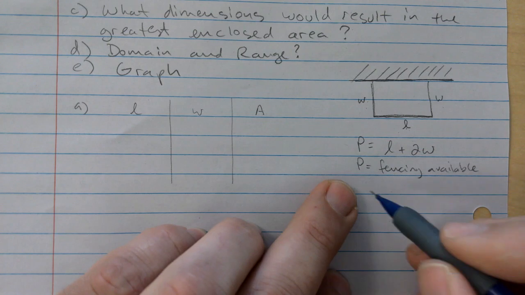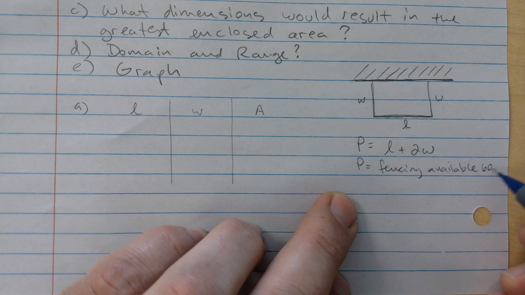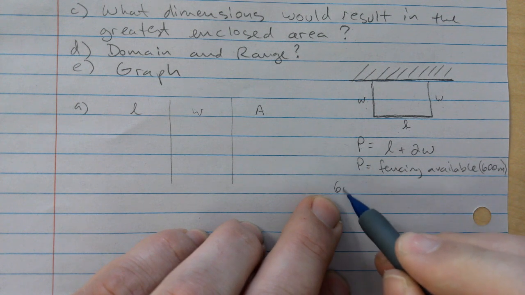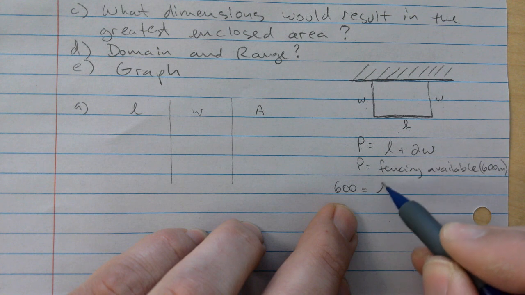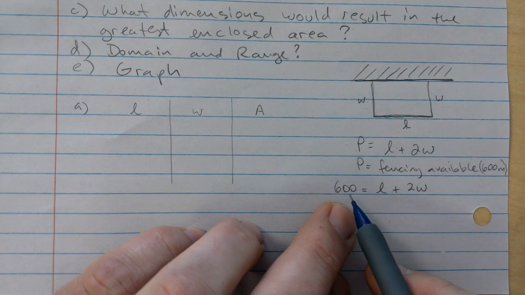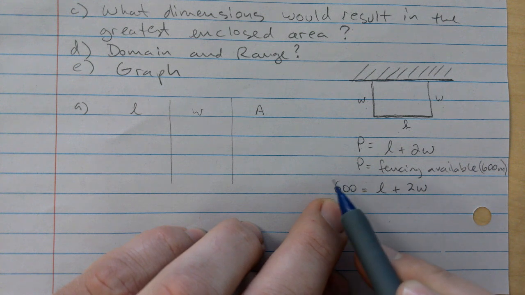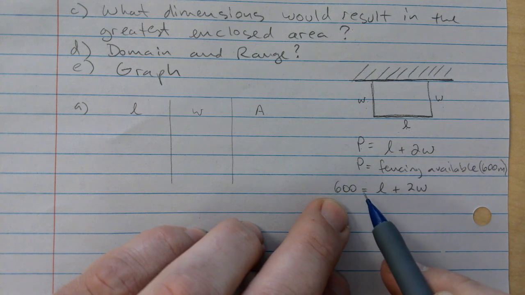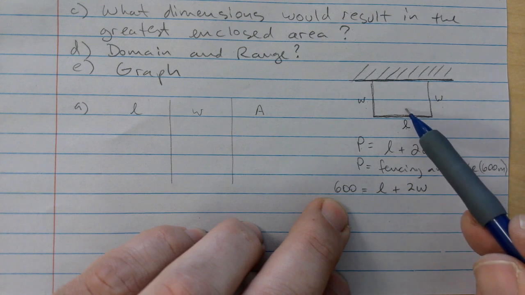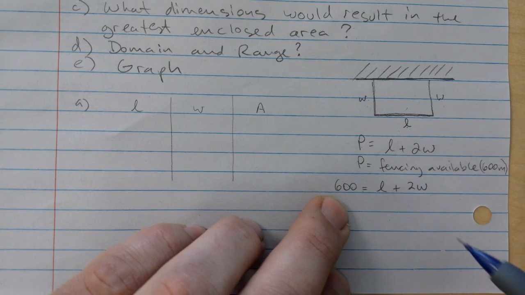And that's 600 meters. So just so you know, we're going to replace P with 600 in that original equation and rewrite it like this. After a while, you're actually just going to jump straight to the fencing available is equal to whatever expression needs to come on the right side, which is determined by this graph right here, right?